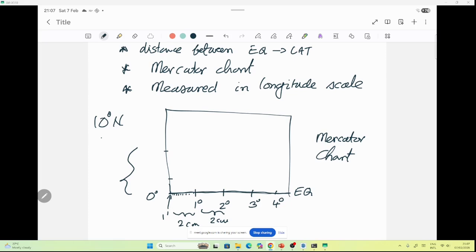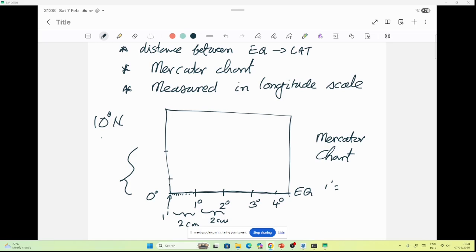Now you have 1 minute here. We are going to measure. If this is 2 centimeters, how many centimeters will 1 minute be? If this is 2 centimeters, 1 minute is going to be how much? 2. 2 divided by 60. Yeah. So that is how much in centimeters? 2 divided by 60 is how much? 0.033.